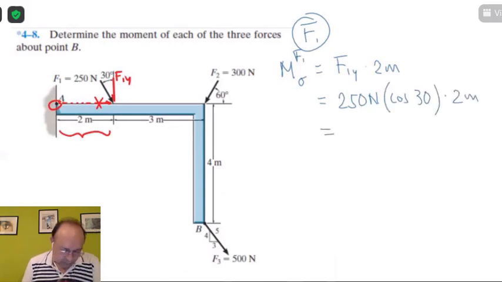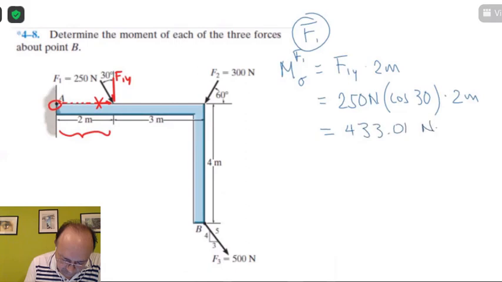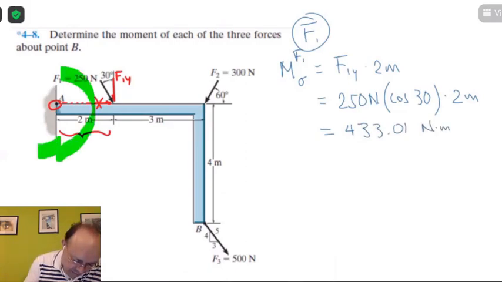So that moment will be equal to 250 times cosine 30 times 2, 433.01 newton meters, and that will be a moment in this direction. That will be clockwise. So I will put here clockwise.